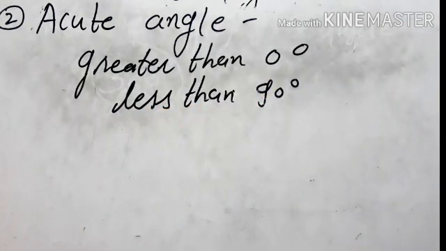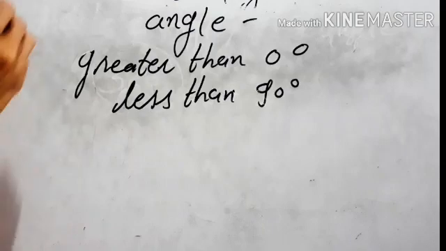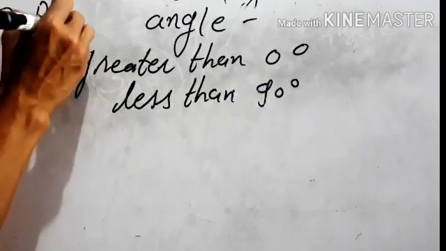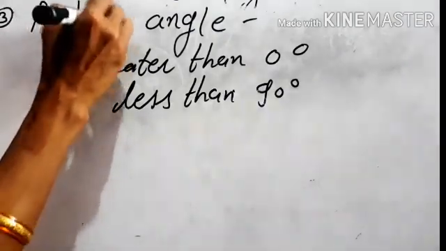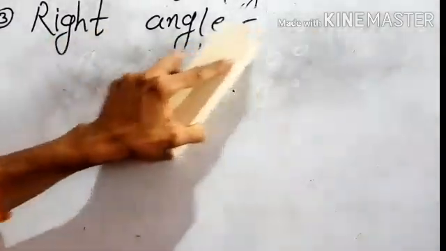Our third type is right angle. Right angle means what? It is the measure of exactly 90 degree.